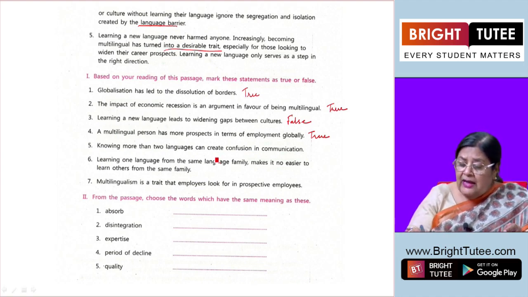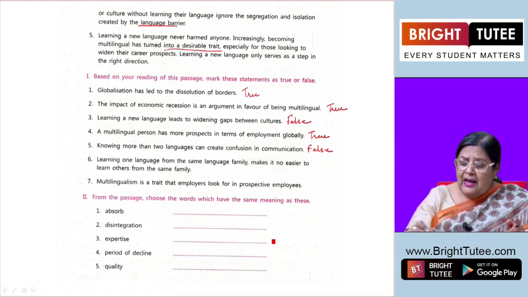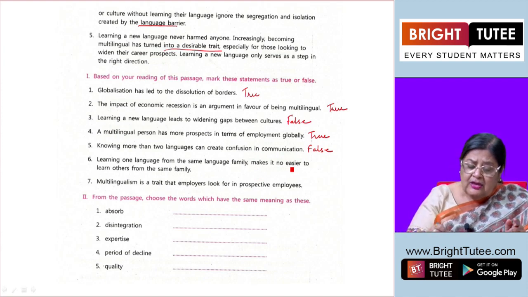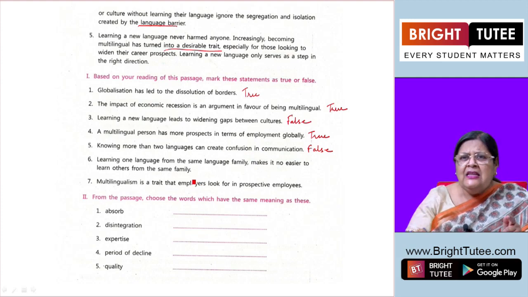Knowing more than two languages can create confusion in communication. Not at all, false. Learning one language from a language family makes it no easier to learn others from the same family. Not at all. We can learn any language, anytime. So this is also false.